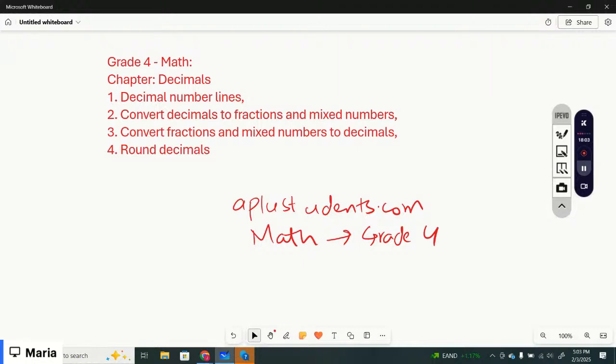The lessons we're going to cover today are decimal number lines, convert decimals to fractions and mixed numbers, convert fractions and mixed numbers to decimals and round decimals.